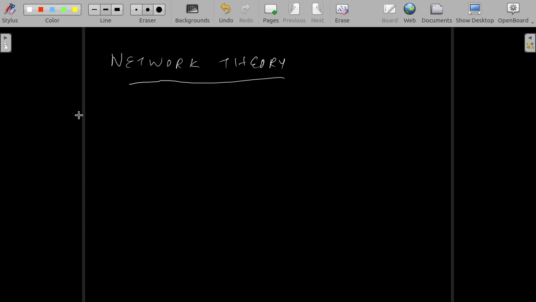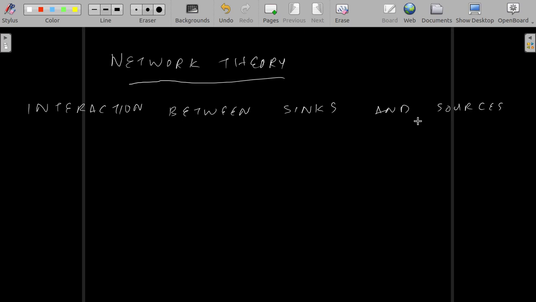Whenever we are talking about networks or circuits, it is basically an interaction between two types of elements, which are sinks and sources.